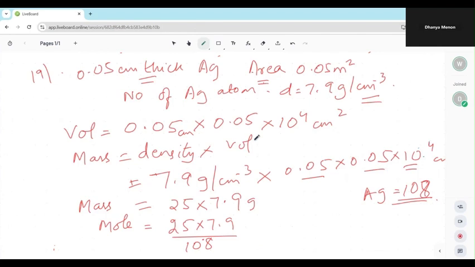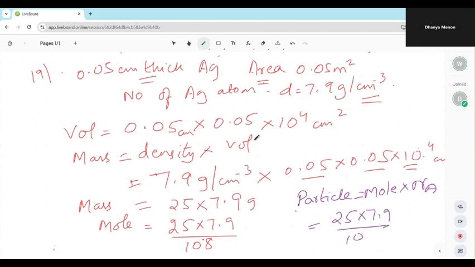Okay. Now, students, you already know the relation to find out the number of particles. Number of particles you can find out by multiplying the number of moles with Avogadro number. Okay, so do we have the number of moles in our hand? Do we know the Avogadro number?